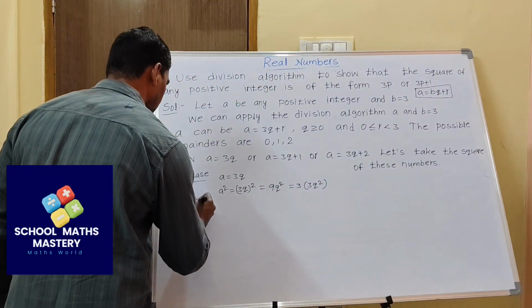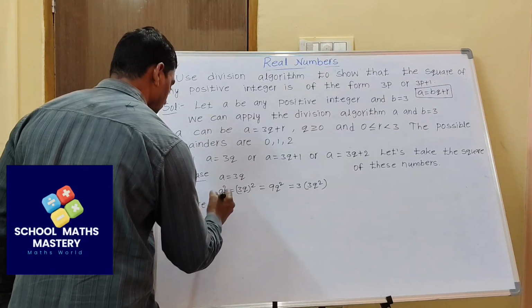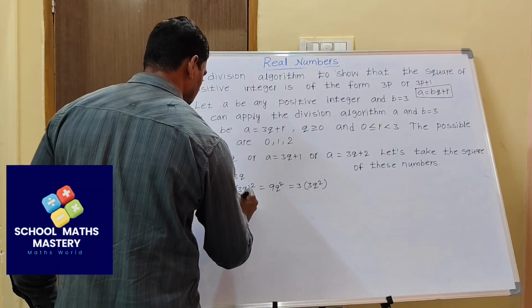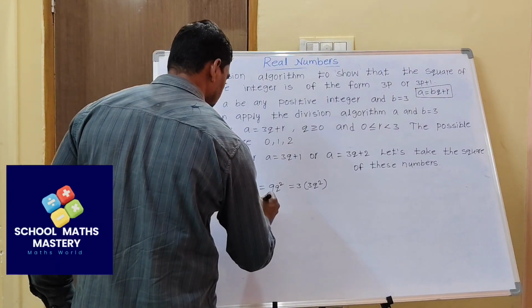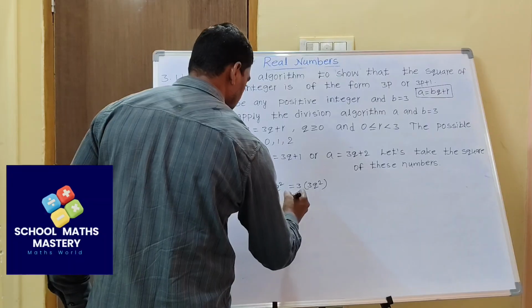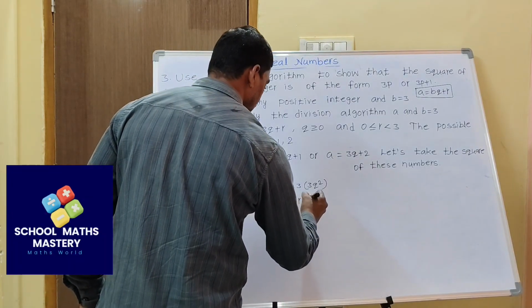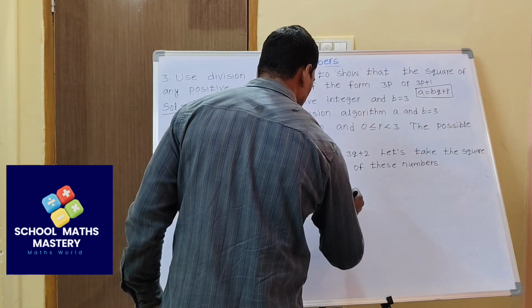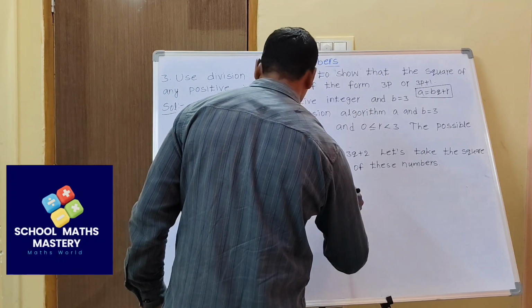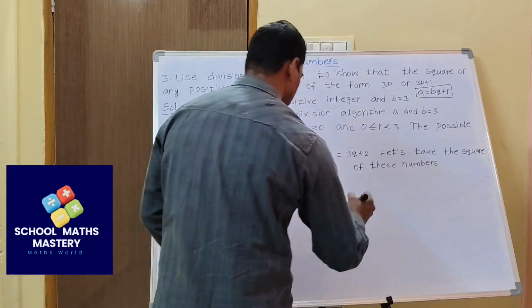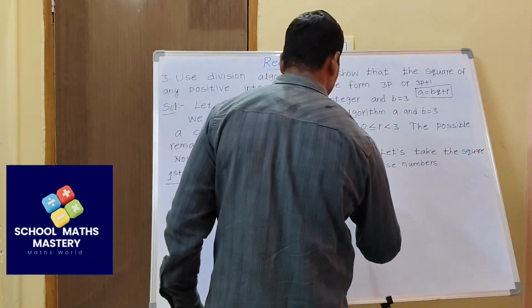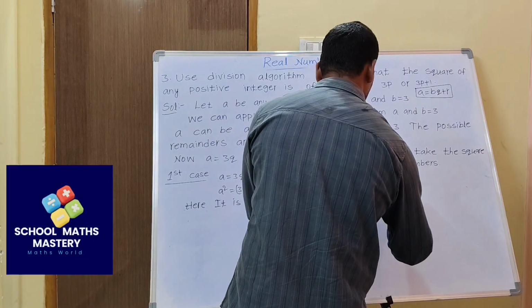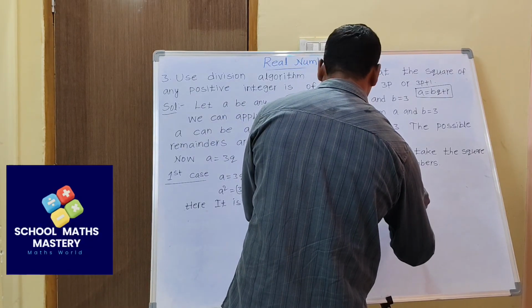Here it is of the form a square equals 3p, where p equals 3q square.